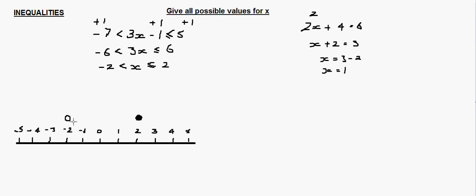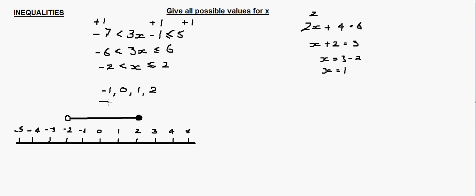Okay, I just join these two together, and then if they say give possible values for x, now I know x cannot be minus 2, but it can be minus 1, it can be 0, it can be 1, and it can be 2, because it's less than or equal to 2.